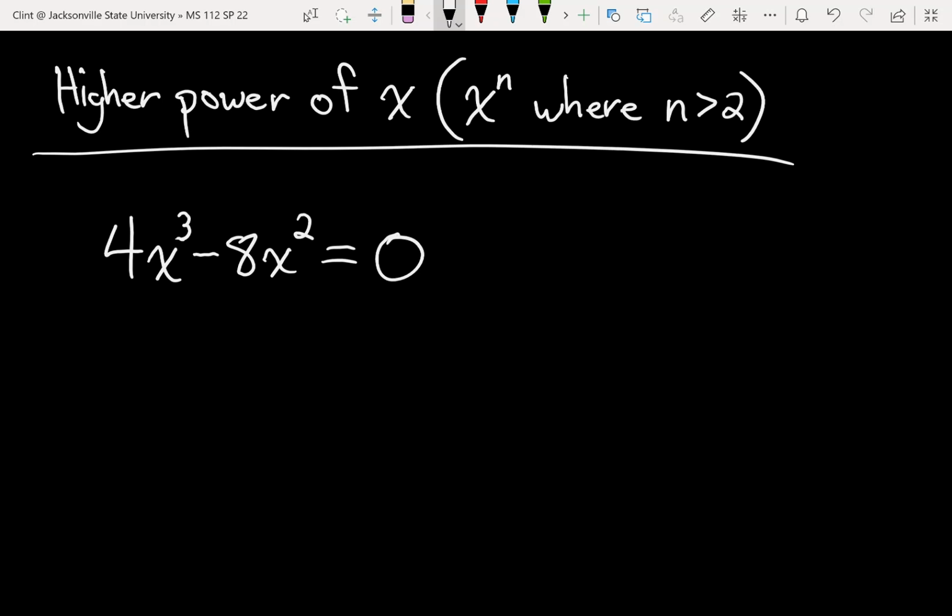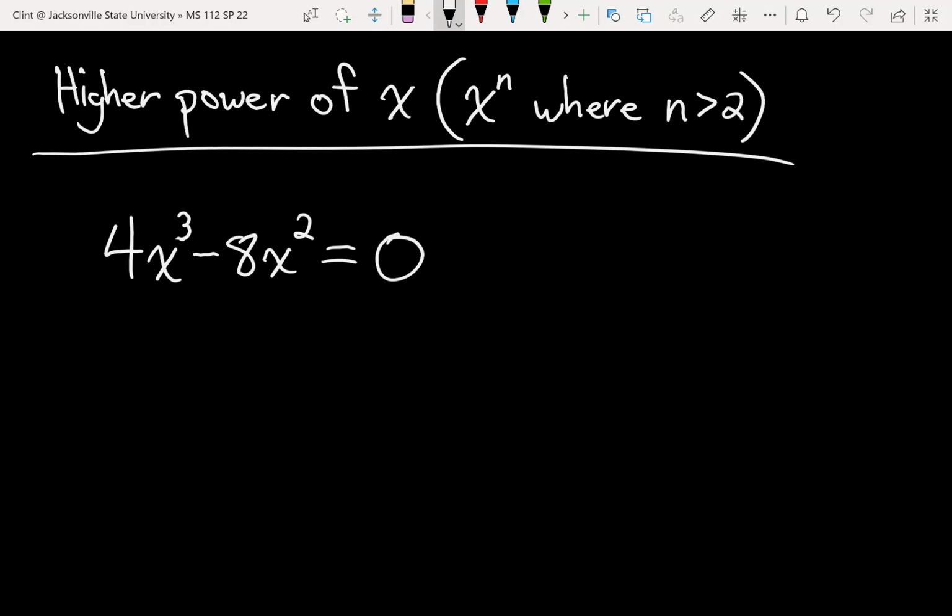Since those formulas are so bad, we're not going to worry about them. So we really only have one technique that we're going to talk about when trying to solve a polynomial equation with an exponent bigger than 2, and that technique is factoring.